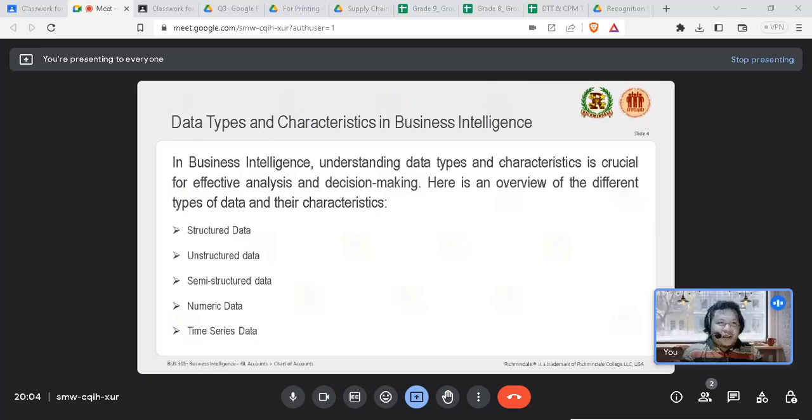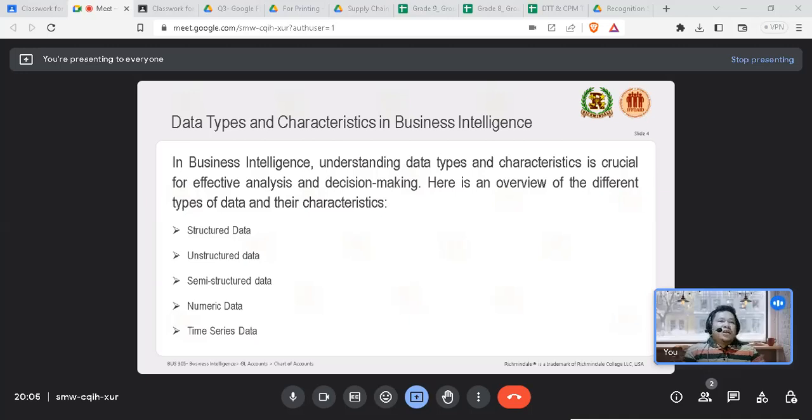It is highly organized and easily searchable, making it suitable for analysis, reporting, and integration within business intelligence systems. Structured data typically resides in relational databases, spreadsheets, or other structured formats.